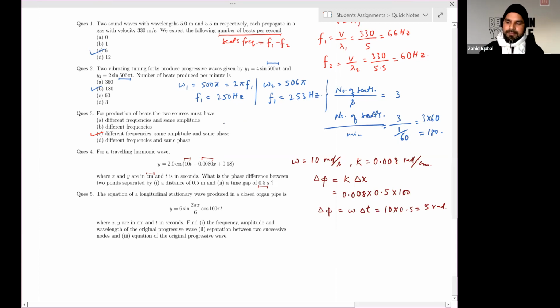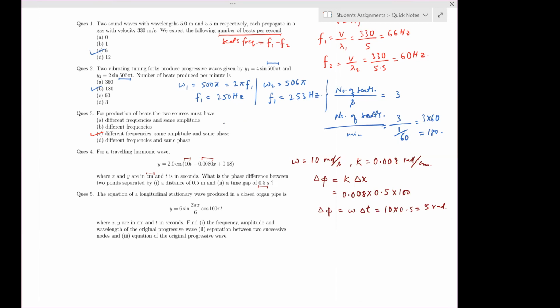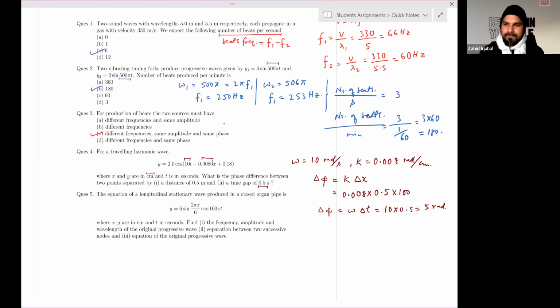Atif, is it a standing wave or a traveling wave? In this part, we have kx and omega t separately written with different functions. So it will be the equation of a standing or stationary wave.